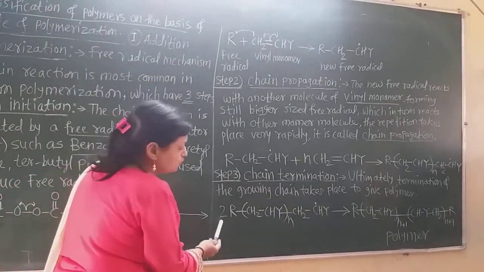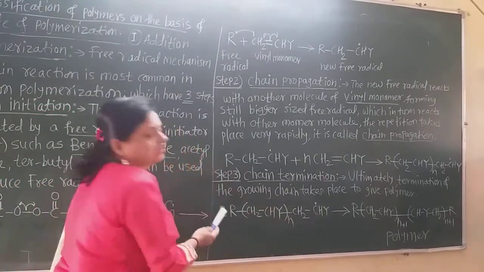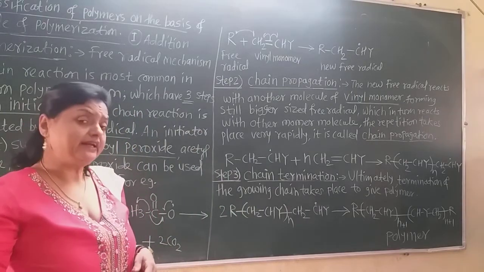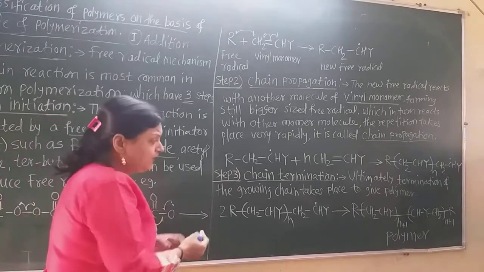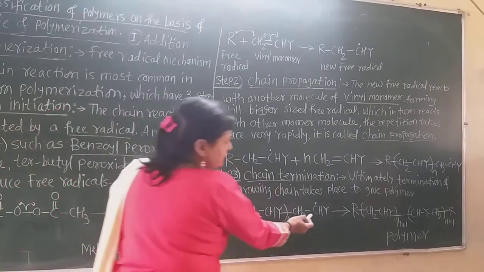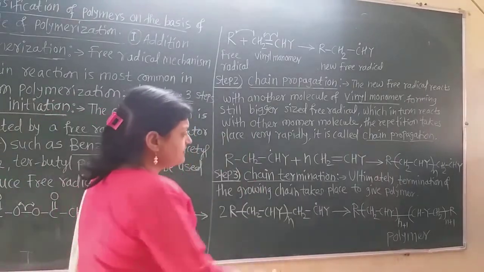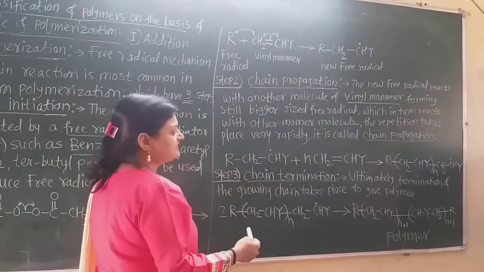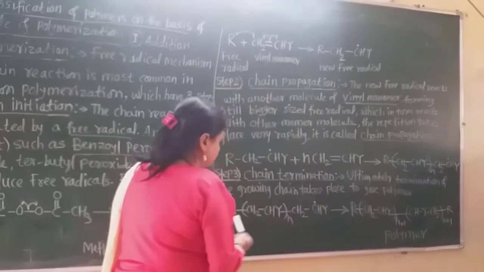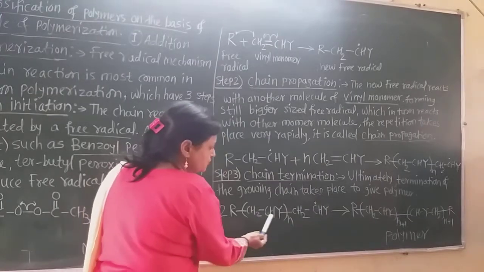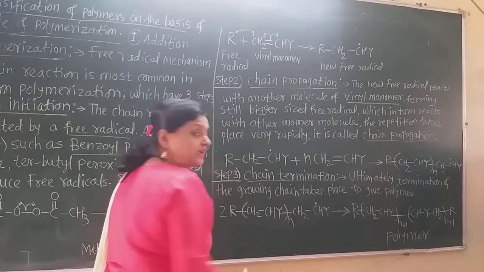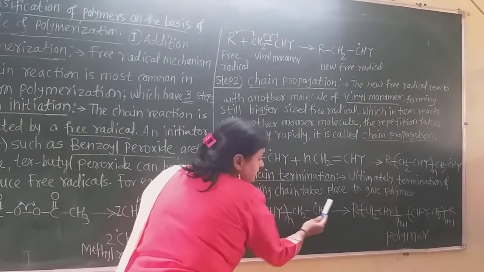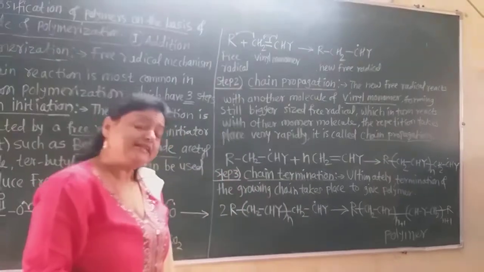Now these are the two larger sized free radical chains taken here, and we terminate these two chains. Now this CHY here is the free radical. Now another chain is there. There is also this type of grouping, RCH2CHY and CH2CHY, and they join to each other by combining the odd electrons.